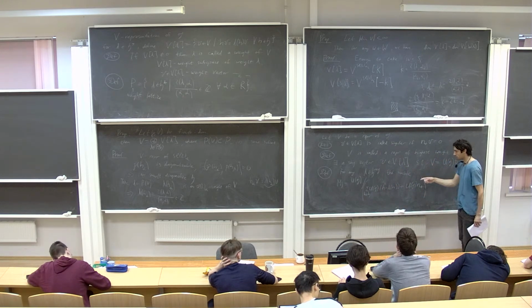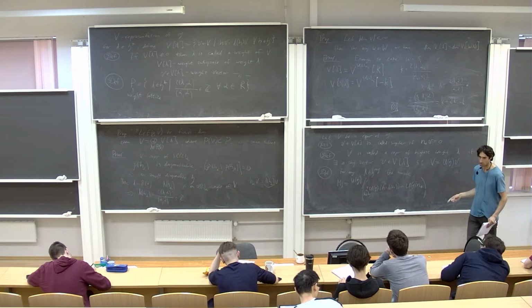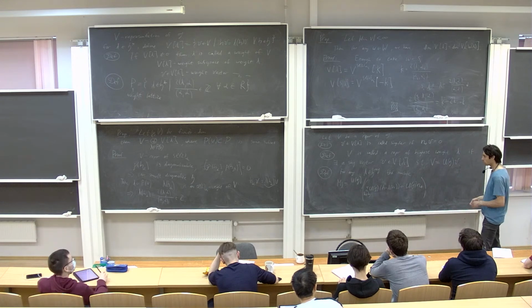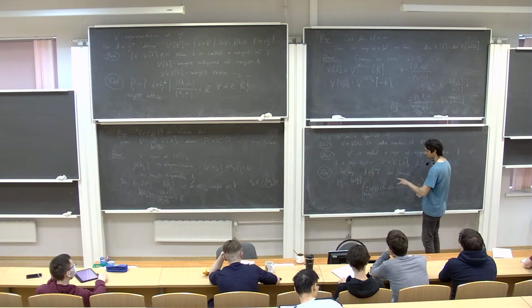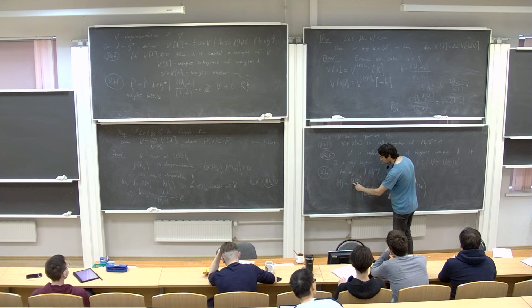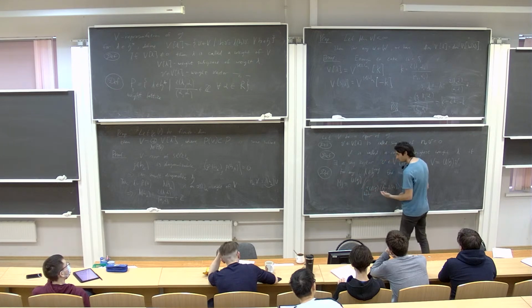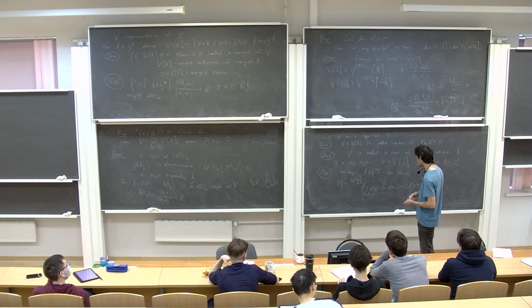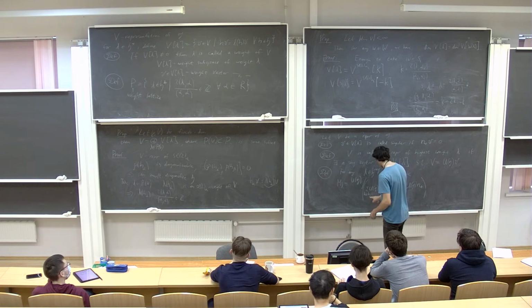So why is this a module? Because I define G module structure on here just by multiplication from the left. Okay. How do you apply lambda to H if you take lambda from H? Something is better written here.